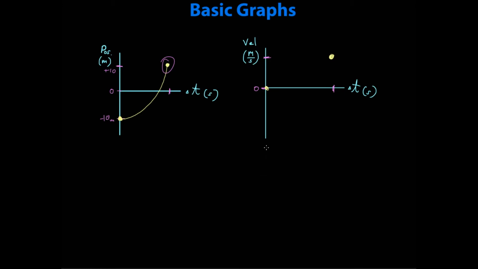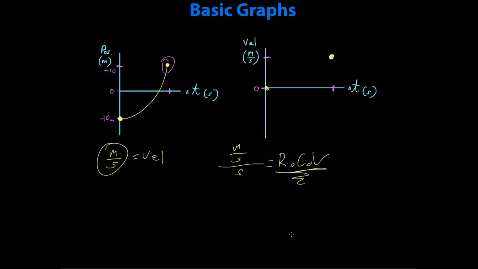Now, if we remember for position versus time graph, the slope was meters over seconds, which is velocity, and for a velocity versus time graph, meters over seconds is rate of change of velocity, how quickly the velocity changes. But as I just said, the velocity changed at a constant rate, which means this is going to be a straight line.